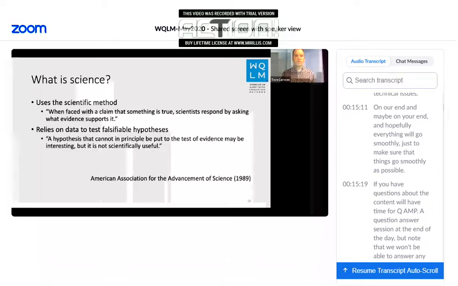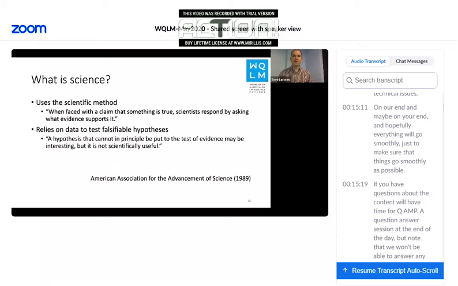Science relies on data. It's empirical, and the goal is to test hypotheses. Importantly, these hypotheses are falsifiable. We'll talk about this in more detail in just a moment. But this quote here says, a hypothesis that cannot, in principle, be put to the test of evidence may be interesting, but it is not scientifically useful.